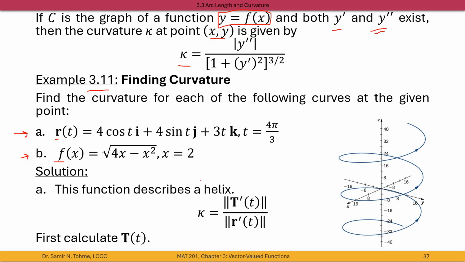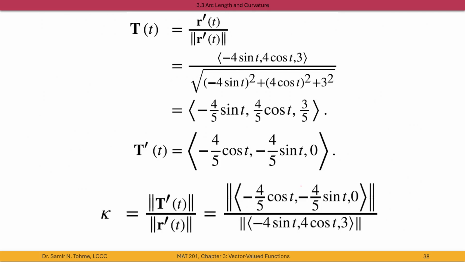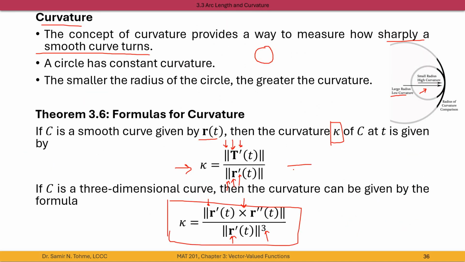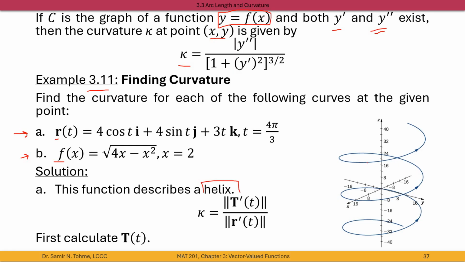Starting with the first equation, which represents a helix, you're going to ask, this is a three-dimensional case, so why are we using this one instead of the kappa of a three-dimensional case? Although the helix is a three-dimensional case, it can be simplified as a cylinder or a circle if you look at it from above.